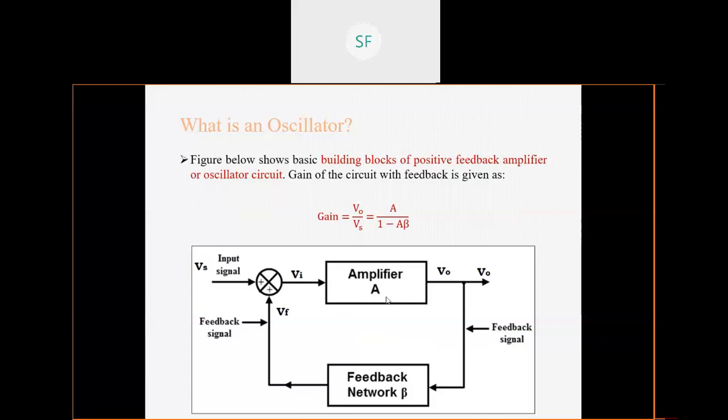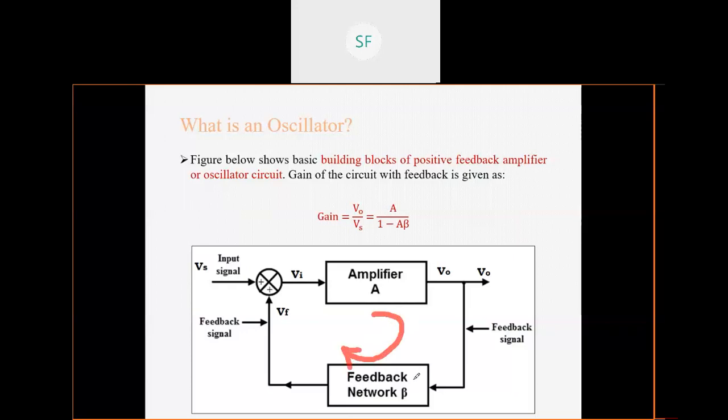The gain of the amplifier is A and the attenuation given by the feedback network is beta. One loop is formed here, and the gain of that loop is called the loop gain. So loop gain is A into beta.